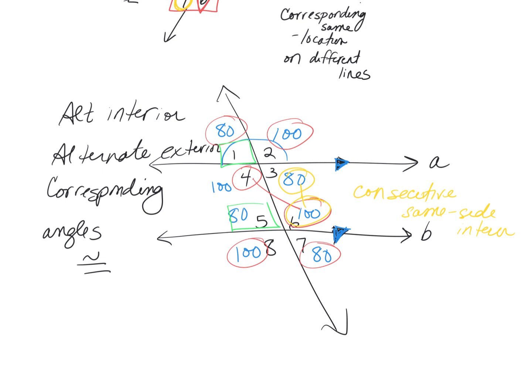So now that we've gone over and reviewed the angle types and what the measurements are when the lines are parallel, let's take a look at how to solve a few problems in the next video.